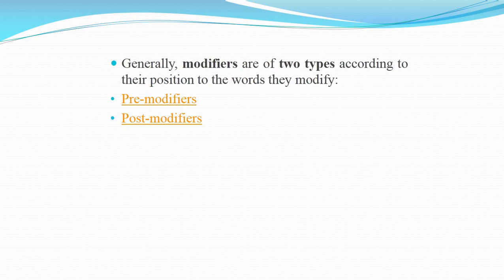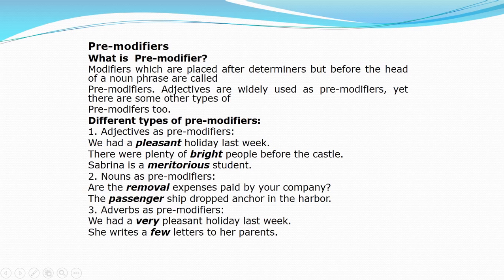Generally, modifiers are of two types according to their position relative to the words they modify. The first is the pre-modifier and the second is the post-modifier. A pre-modifier is a word that sits before a noun or another word and modifies it. Modifiers which are placed after determiners but before the head of a noun phrase are called pre-modifiers.